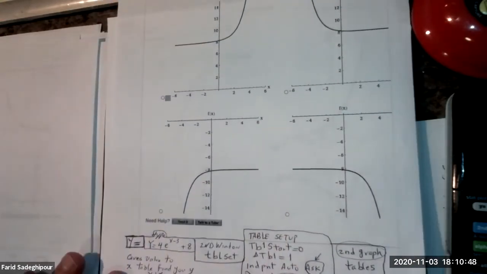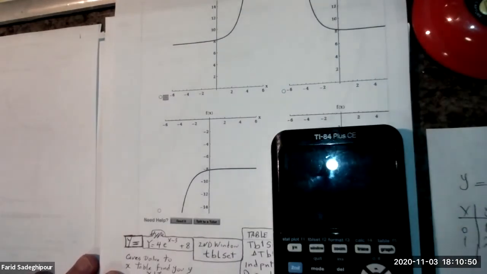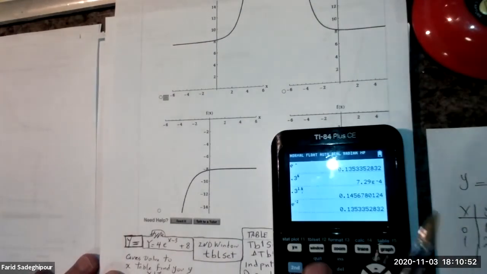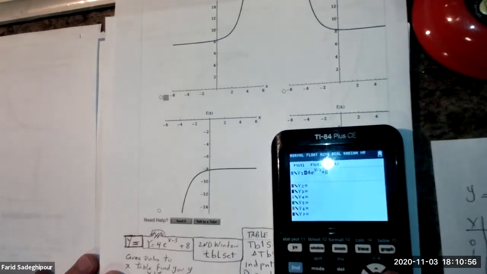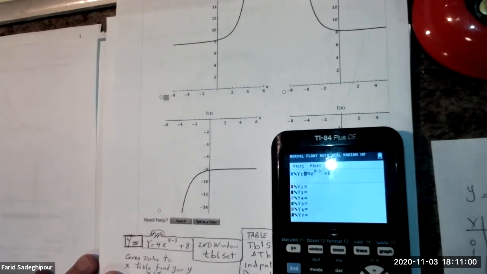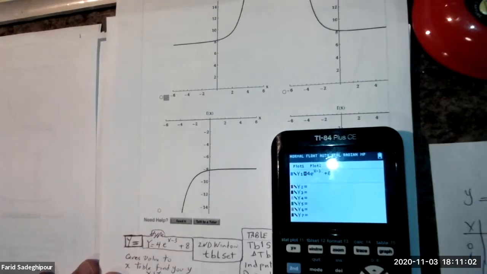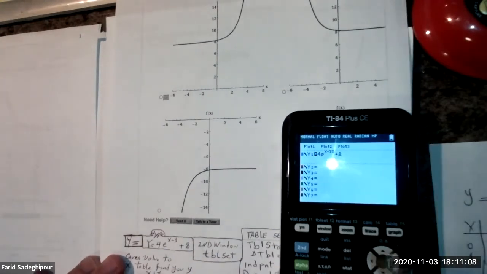But if you want to use a graphing calculator, I show you how to do it here. I think I have it in this one. So you go to y equal, put your equation there first. Then second, window. You see that window here? You put second and then window.